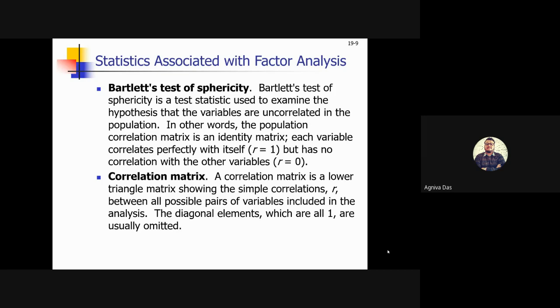Right, it is a lower triangular matrix showing the simple correlations between the possible pairs of variables included in the analysis. Obviously, this is lower triangular, not just low. It is a symmetric matrix, basically the correlation matrix, where the upper triangle is a mirror reflection of the lower triangle, and the diagonal elements are all one, and the non-diagonal elements are symmetric.